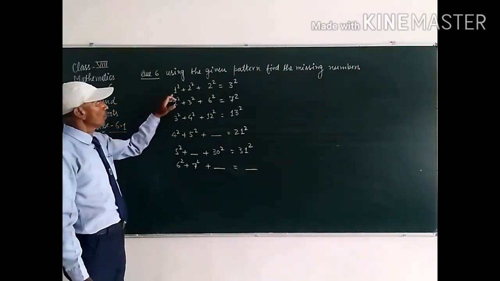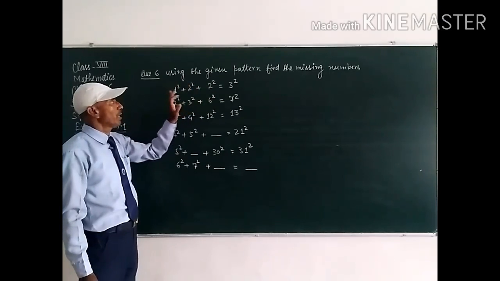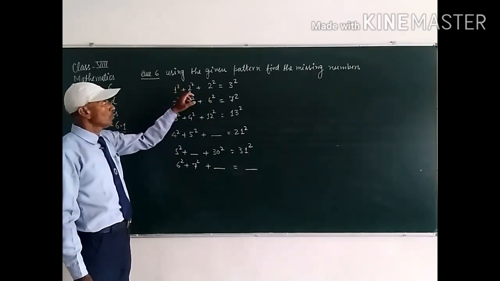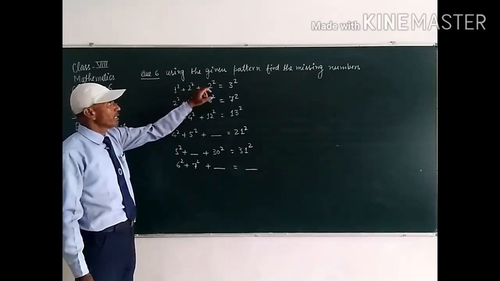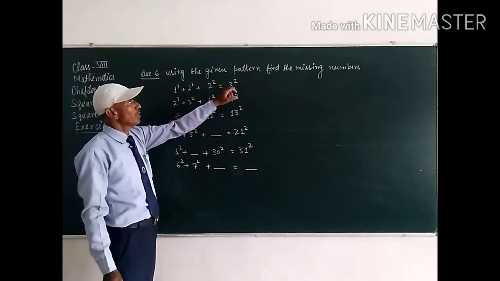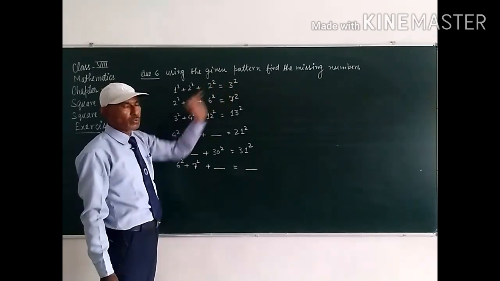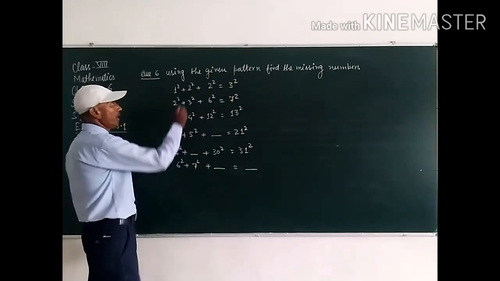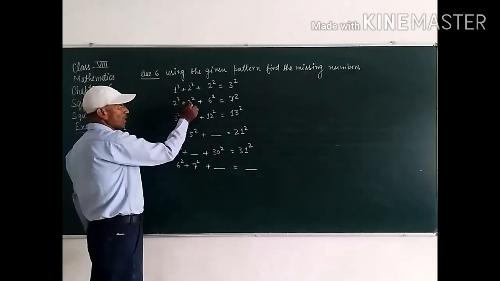In this, 1 square plus 2 square, and after multiplying 1 and 2, that is 2, square is equal to 3 square, the number after 2. Clear student? And again this one, 2 square plus 3 square.